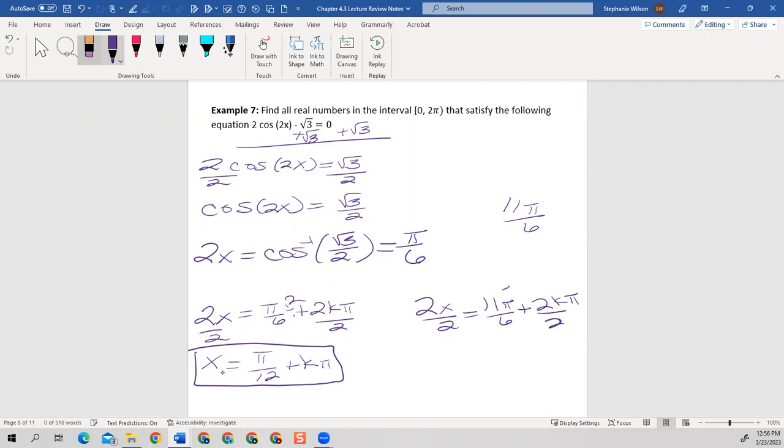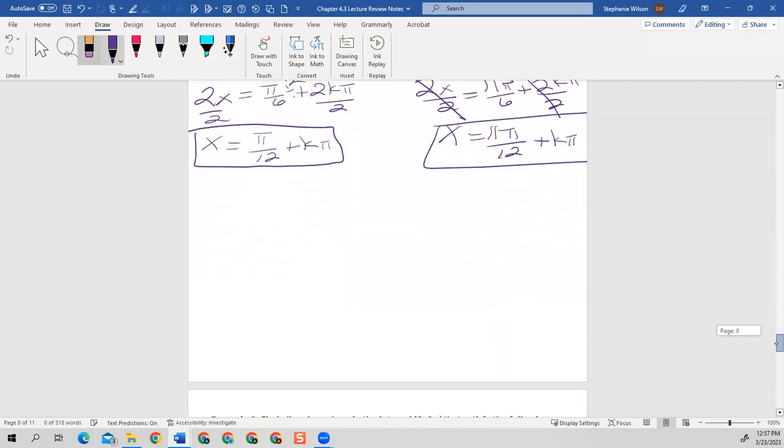I went ahead and did that notation. We're dividing by the 2, right? So now I got x is equal to 11 pi over 12 plus k pi. And we need this one too. So now let's go find values when k is equal to 0 and k is equal to 1. Okay.